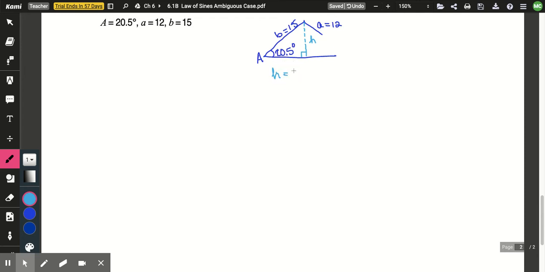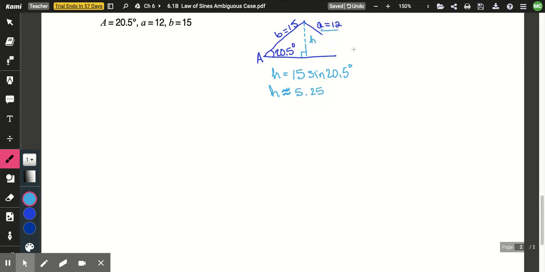So that would be h is 15 sine of 20.5 degrees. Okay, and then I would need to type that in my calculator so I can find out if it is greater than 12 or less than 12. So I put that in my calculator and I get that the height of this triangle is approximately 5.25.